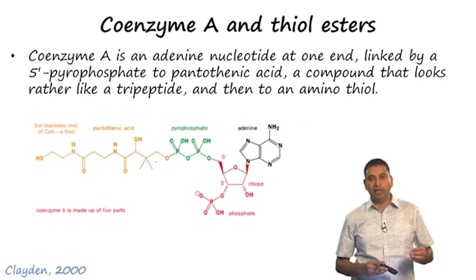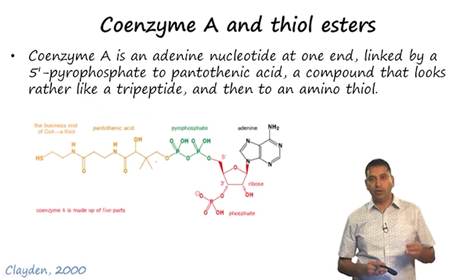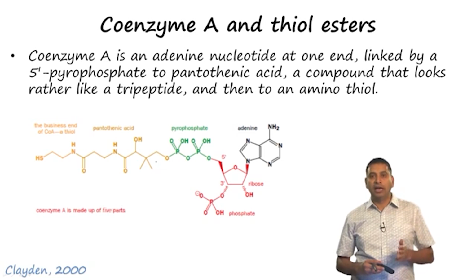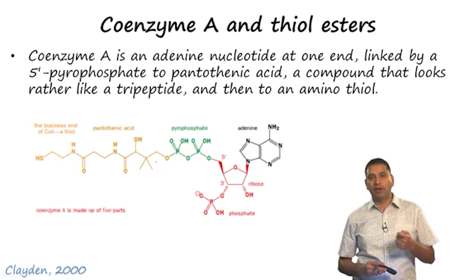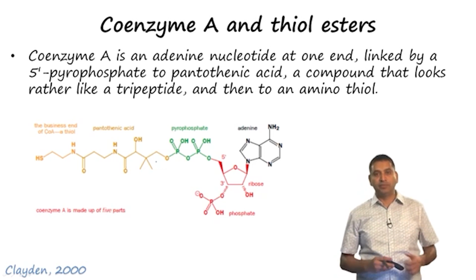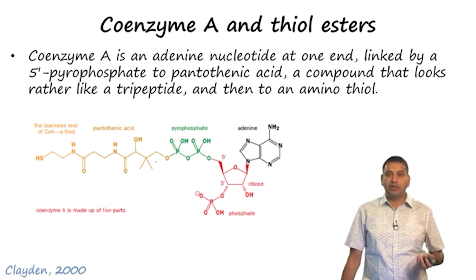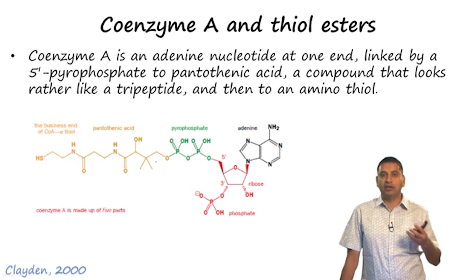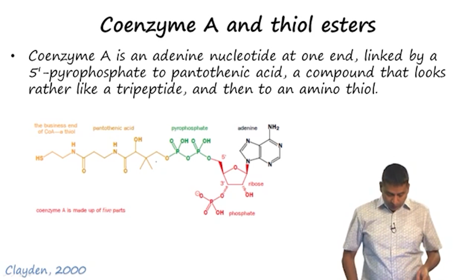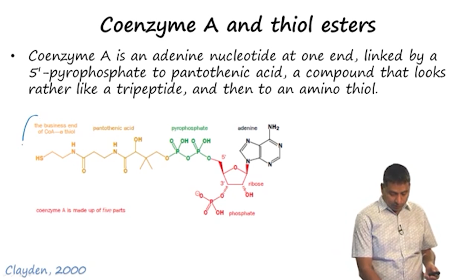So, coenzyme A is basically an adenine nucleotide on one end, and it is linked by a 5' pyrophosphate to pantothenic acid. Okay. So, pantothenic acid is basically like a tripeptide, and that is attached to an aminothiol. So, let us look at this molecule in detail.